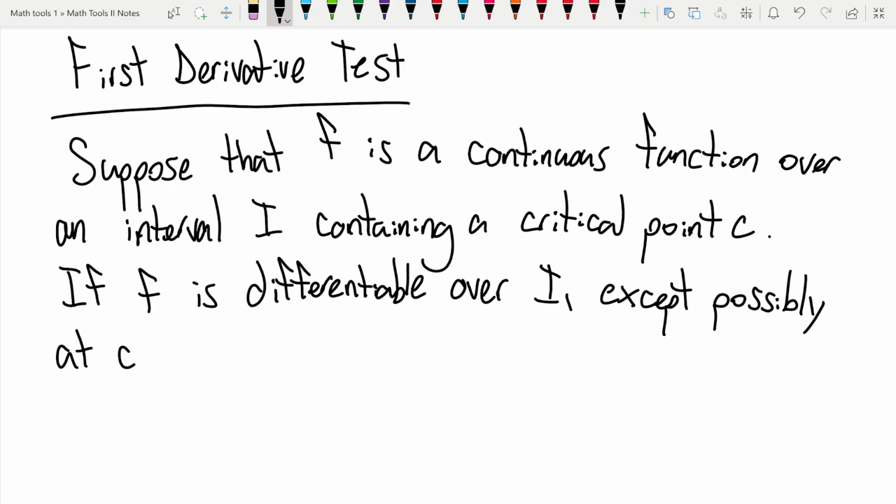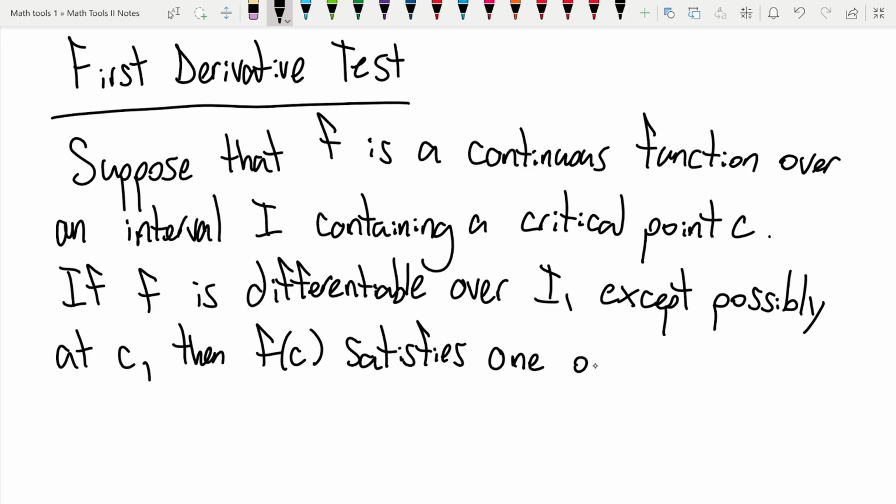Think something like the absolute value, where we know it has a minimum at x equals 0, where it's not differentiable at 0. So if f is differentiable over I except possibly at C, then f of C satisfies one of the following.